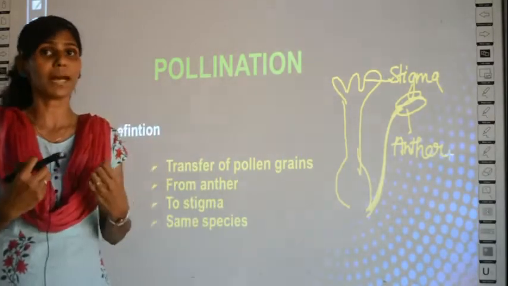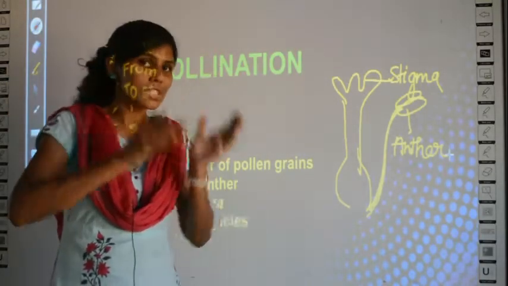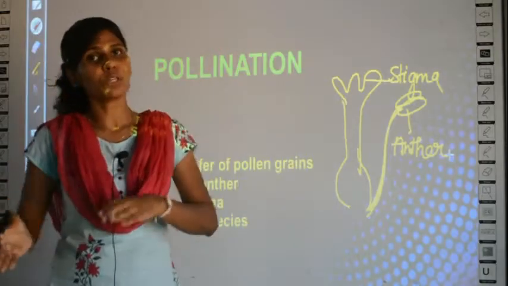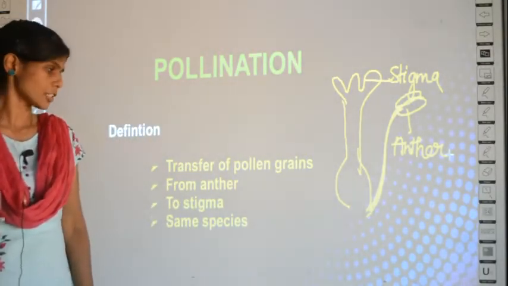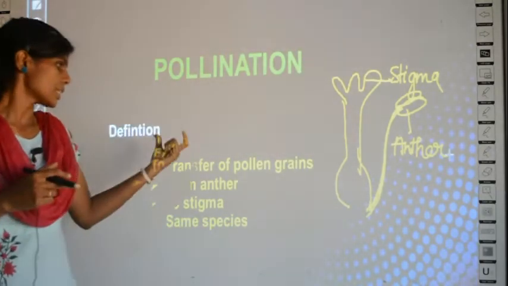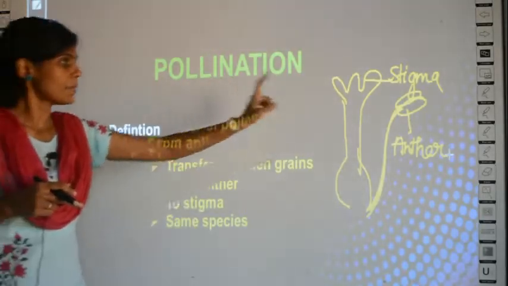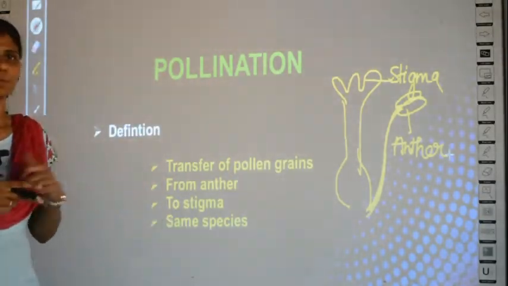It is not the same plant, it is the same type of plant. If it is hibiscus, pollen should be transferred to the stigma of hibiscus only, not to some other plant. Okay, that is what is meant as same species. So what is the definition? Transfer of pollen grains from the anther to the stigma among the same species.